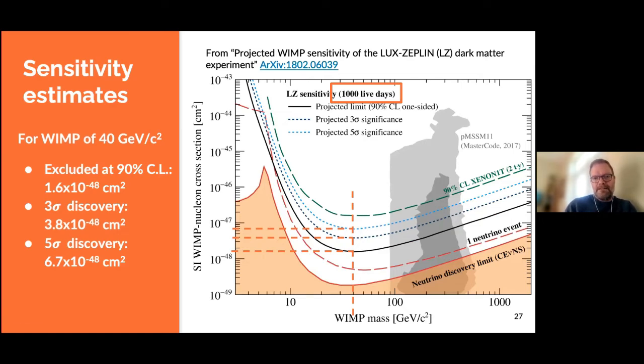Here there is a line where we expect one neutrino event, and you see that in this region, the projected limit from LZ, which is the black line here, crosses the area or the region from where we expect neutrinos to show up.